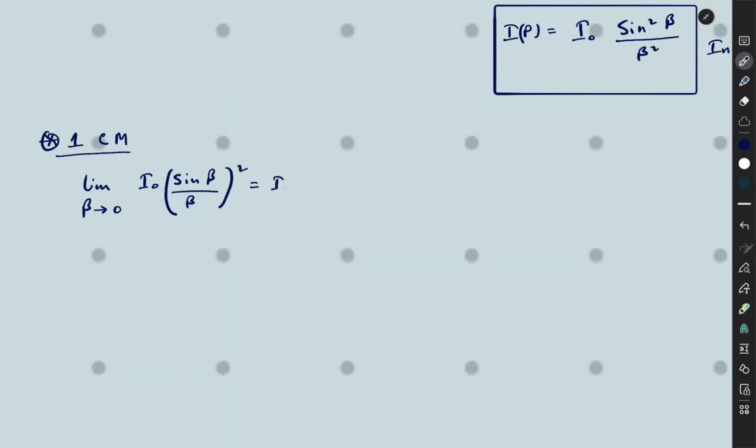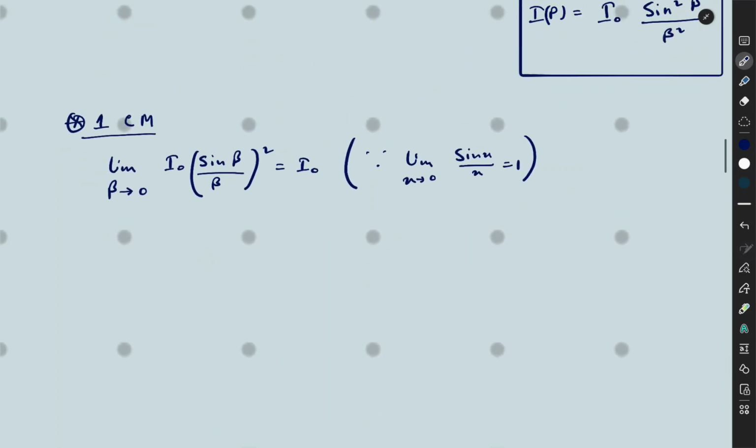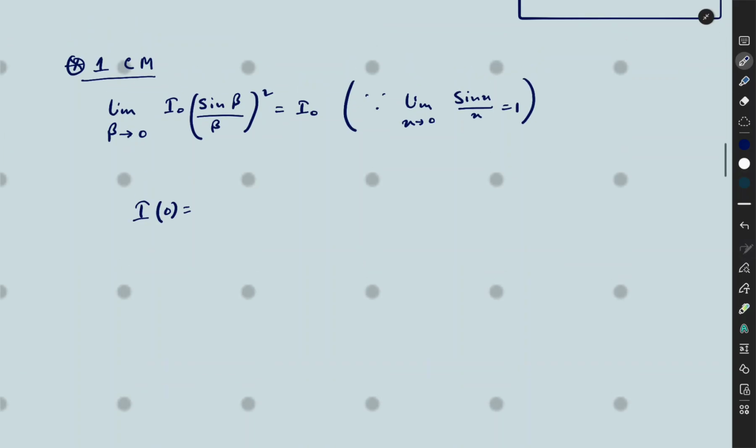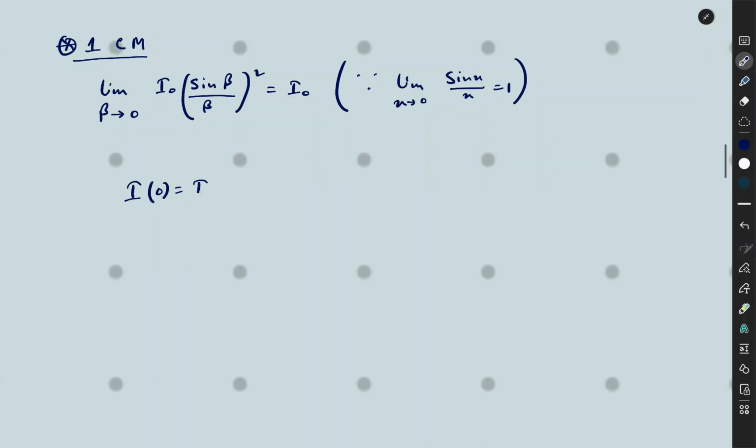This is equal to I naught, because limit x tending to 0 of sine x by x equal to 1, we know. So our intensity at 0, that is the central maxima, will be I naught.